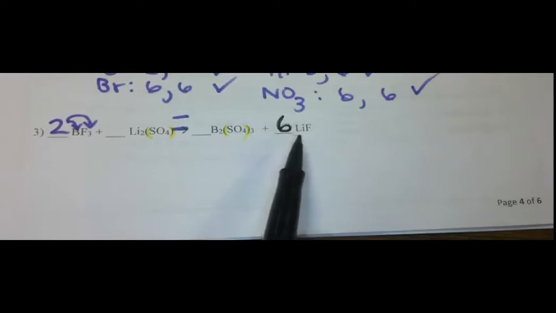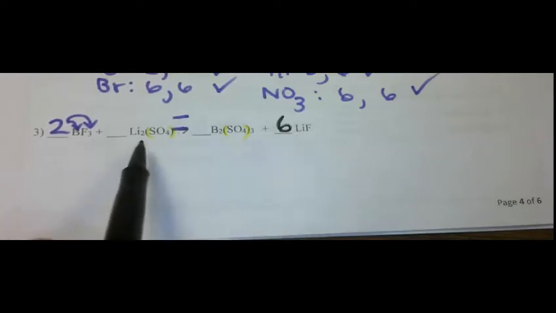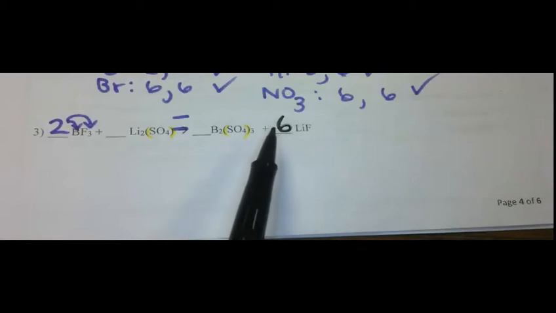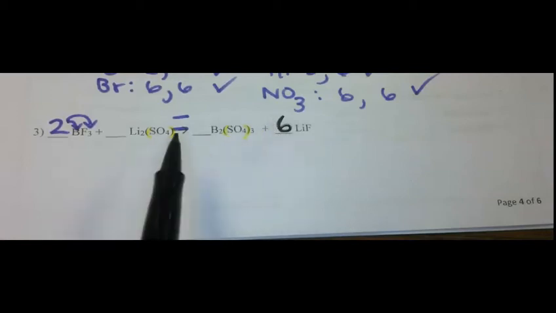So now, on the product side, I have 6 lithiums. Now let's look back at the reactant side. So far, I only have 2. So what can I do to get this 2 equal to 6? Because we need an equal amount on both sides.